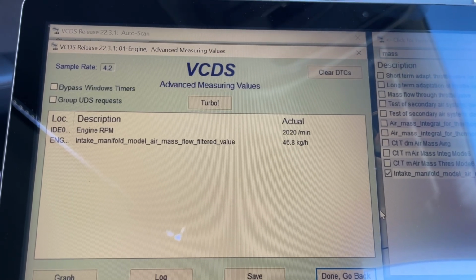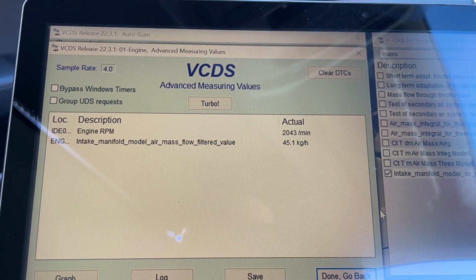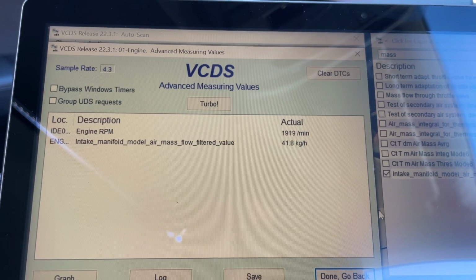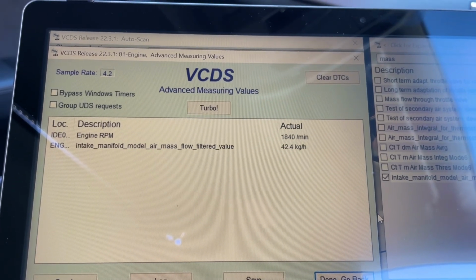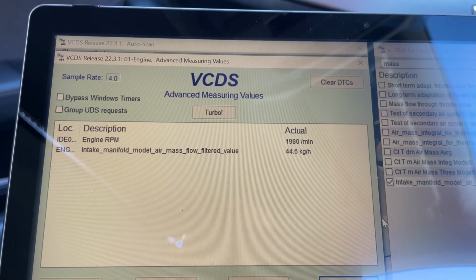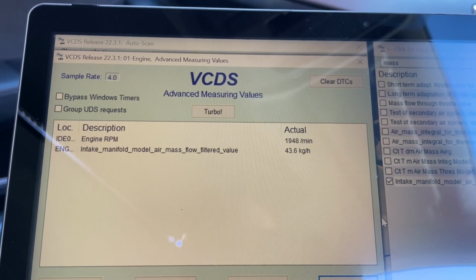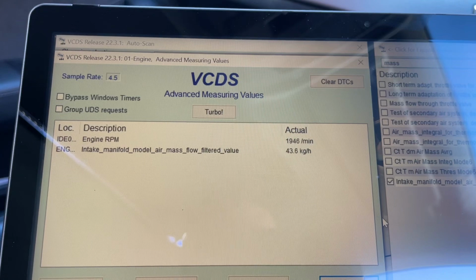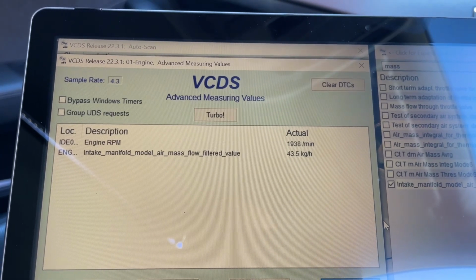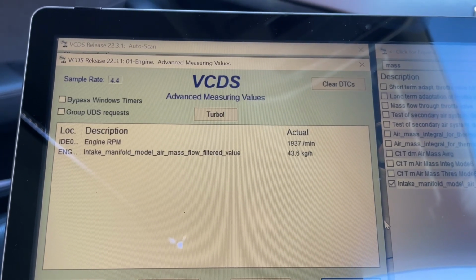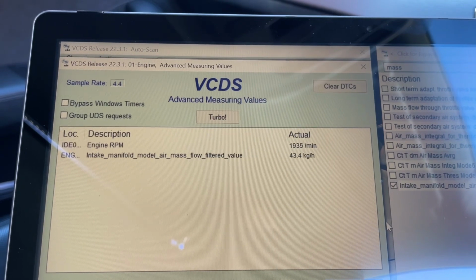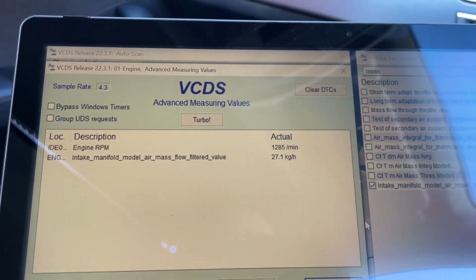Difficult to catch 2000 exactly. As you see, it's around 44. Okay, now it's 43.6. It's not even 2000. But before it was 50 something, wasn't it?